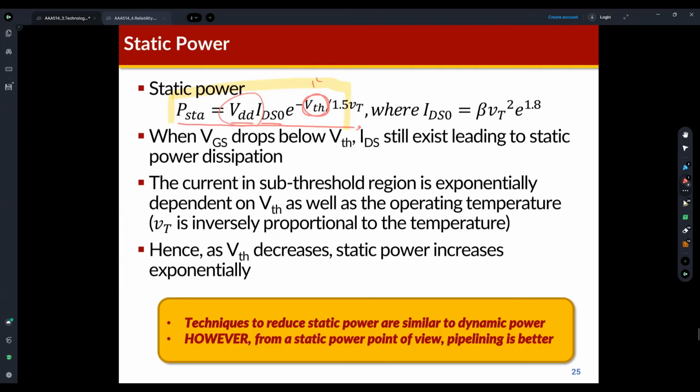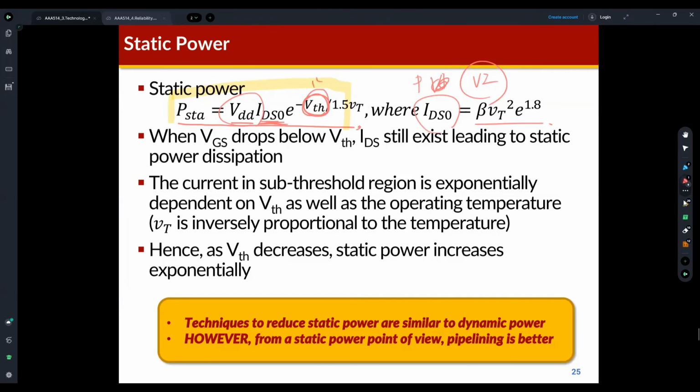The power equation is VI, so it's also related to the current level. But IDS0 is some parameter, and we also need to focus on this threshold voltage.